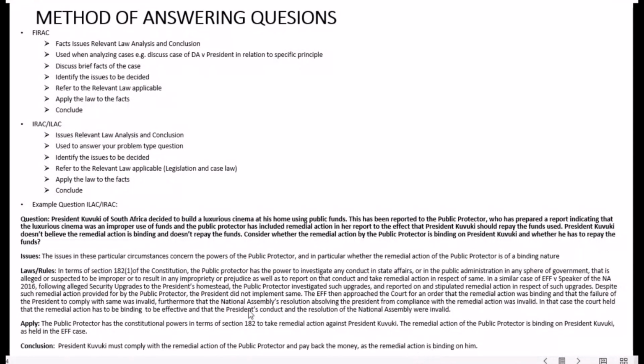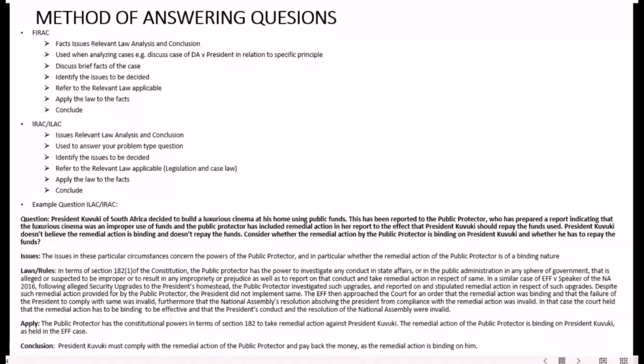So you're just summarizing now how you've applied the law to the facts or to the issues, and you apply that to your question in answering your question. So yeah, colleagues, that is how you typically answer your long problem type questions. Identify the issues, refer to the laws or the rules, apply, and then conclude by answering the question. That's what you do in your conclusion.